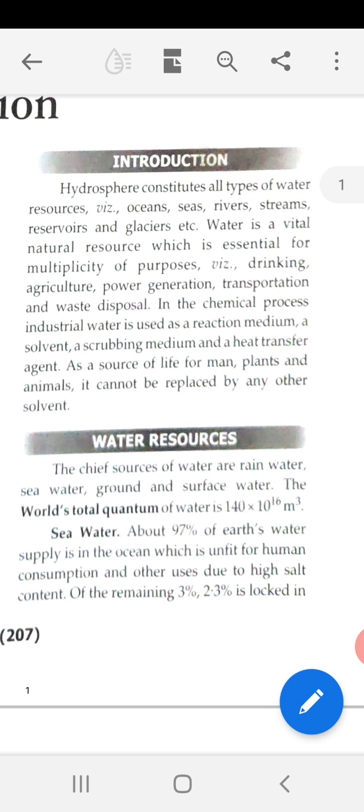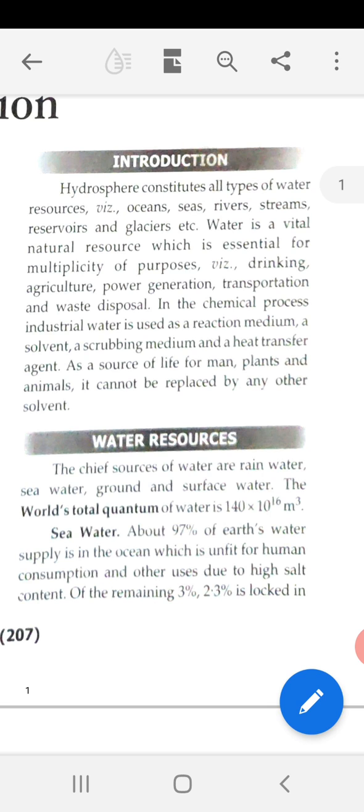In the chemical processes, industrial water is used as a reaction medium, a solvent, a scrubbing medium, and a heat transfer agent. As a source of life for man, plants, and animals, it cannot be replaced by any other solvent.